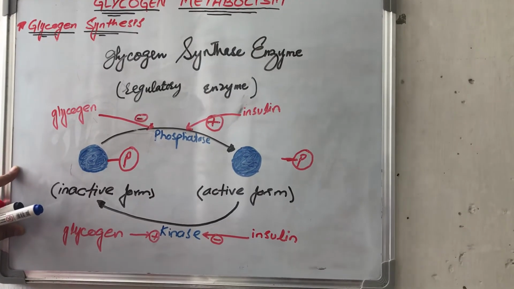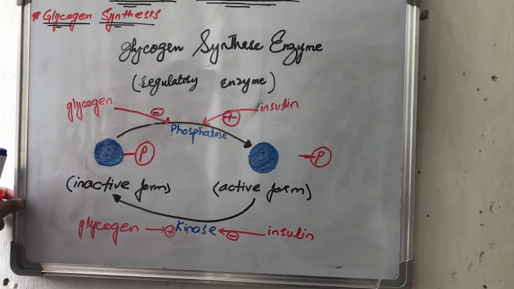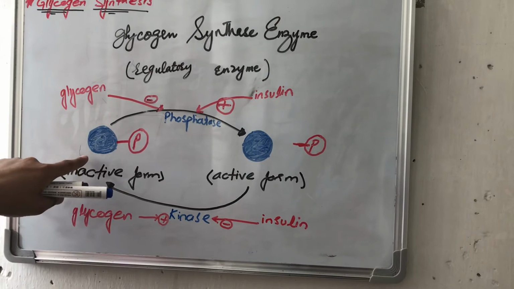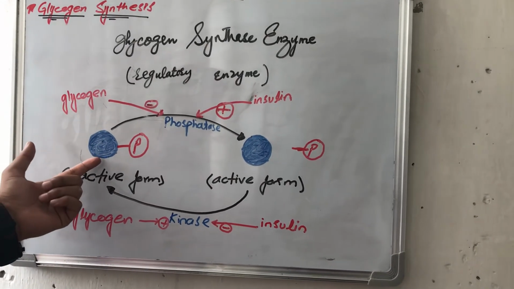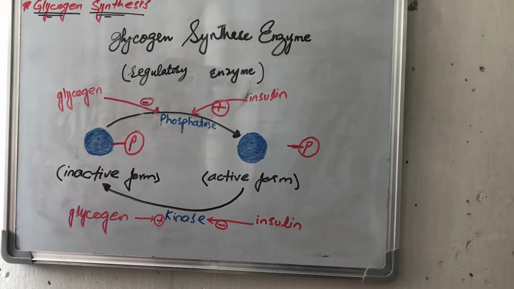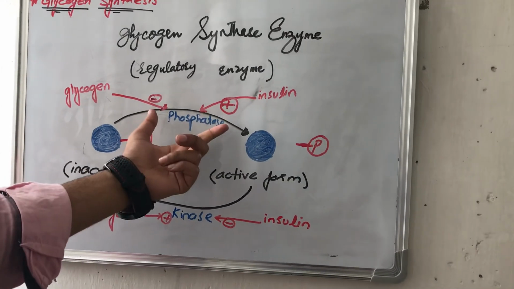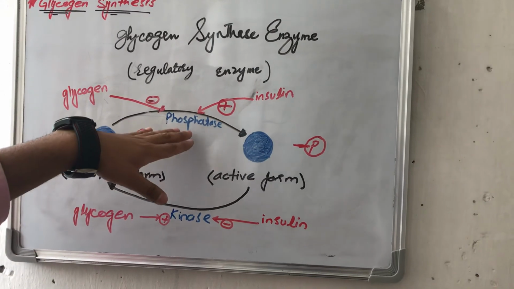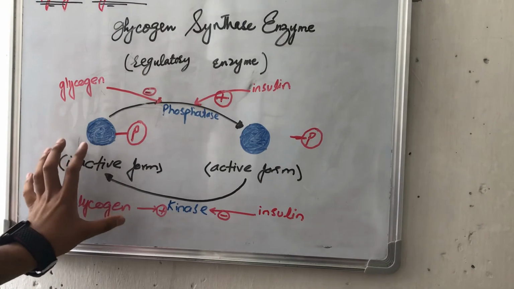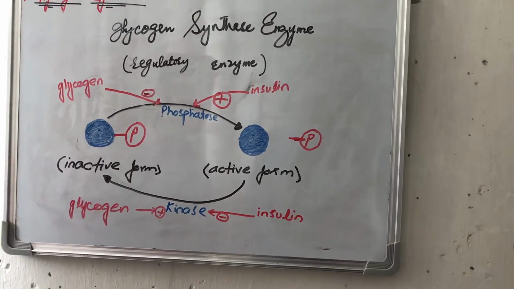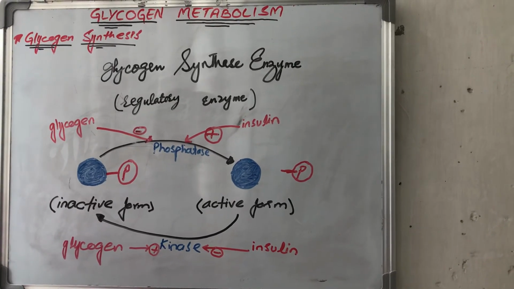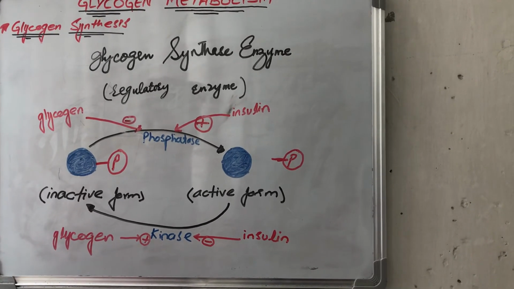Once the kinase enzyme is activated, it will phosphorylate the glycogen synthase enzyme. Once the glycogen synthase enzyme is phosphorylated, it converts into the inactive form, and the phosphatase is inhibited, so it will not work. Once it converts into the inactive form, it stops working, so glucose will not be converted into glycogen. In this way the blood glucose level increases.